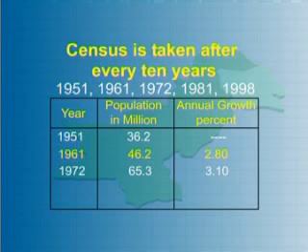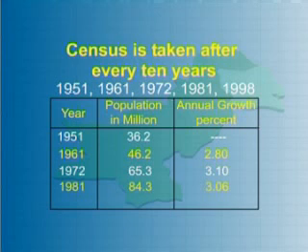And in 1972, Pakistan's population was 65.3 million. And during these years, that is 61 to 1972, the increase in Pakistan's population was 3.10. That is, it has crossed 3% mark, which is very high rate of increase.